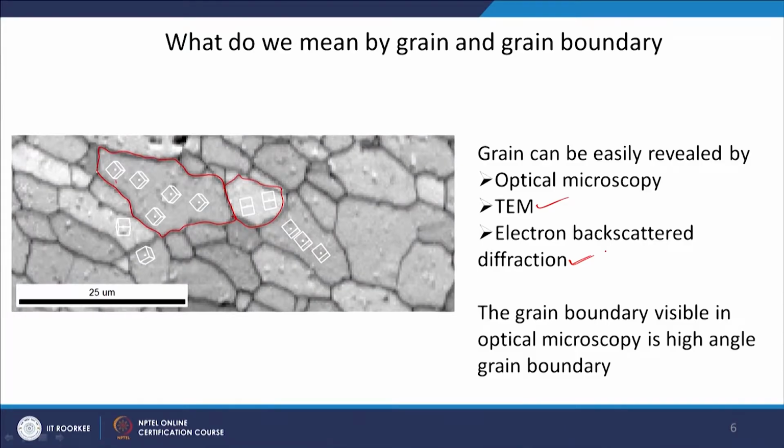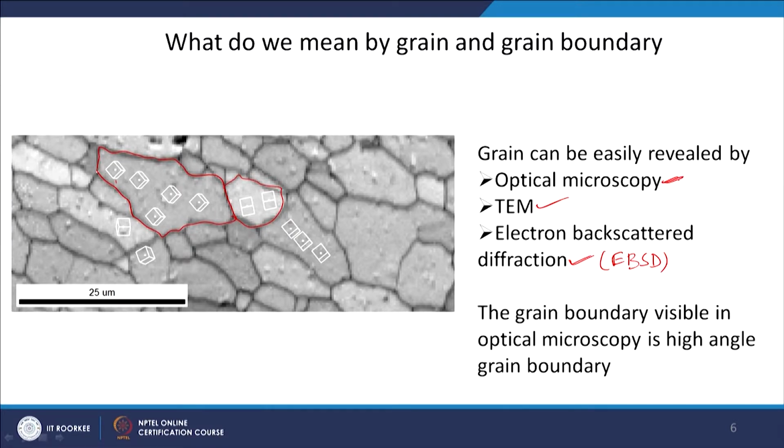But for that you can do TEM, transmission electron microscopy, or a newer technique which is called electron backscatter diffraction, or EBSD. You can use these techniques to also characterize the subgrain boundary or low angle grain boundary. But optical microscopy will show you mostly the high angle grain boundary, and that means only information about the grain, not the subgrain.